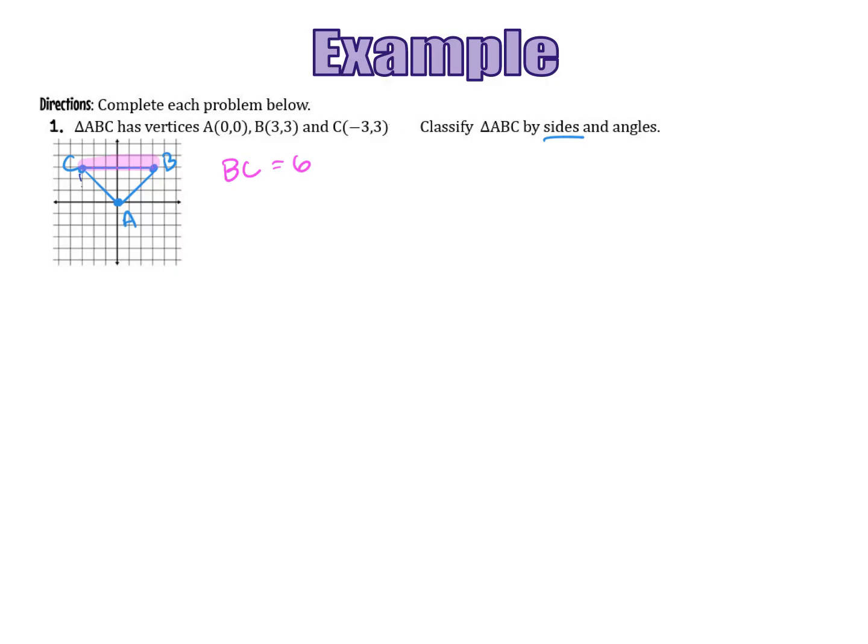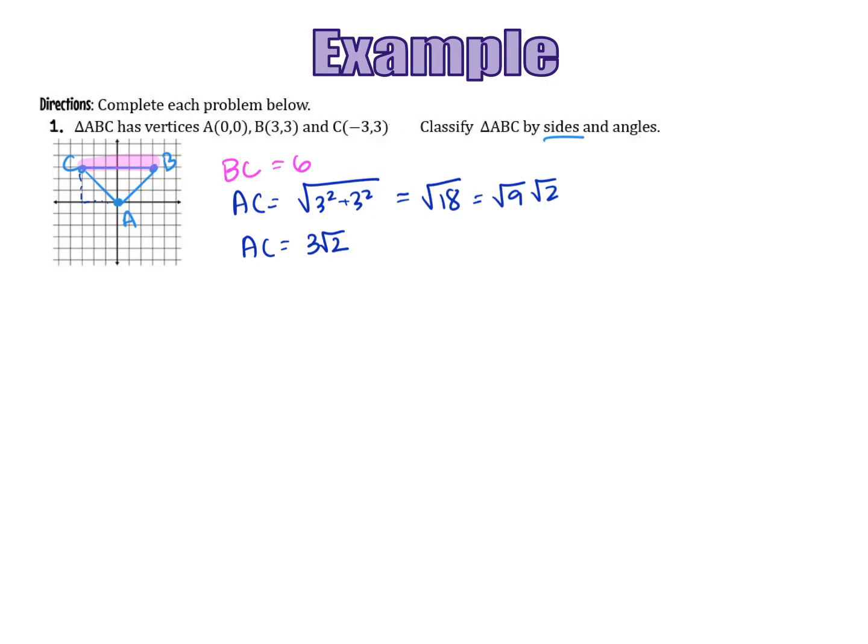For CA, we can think about the distance formula or drawing this right triangle. CA, or I'm going to call it AC, is going to be the square root of 3 squared plus 3 squared, which is the square root of 9 plus 9, or the square root of 18. We know that 18 is 9 times 2, so AC is going to be 3 root 2.